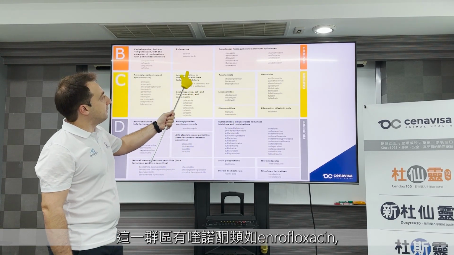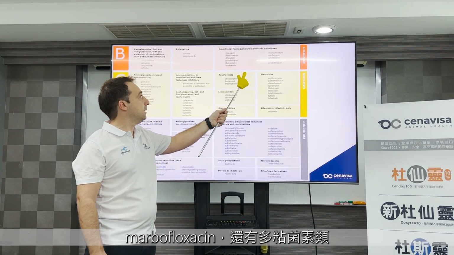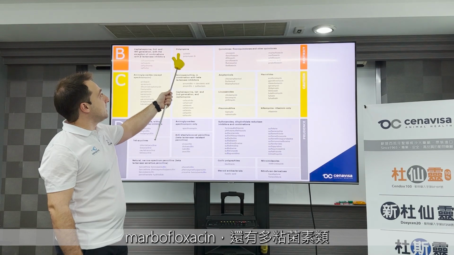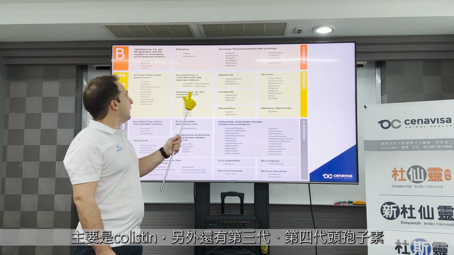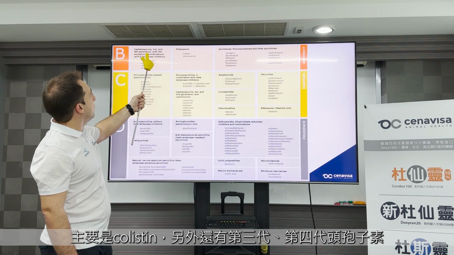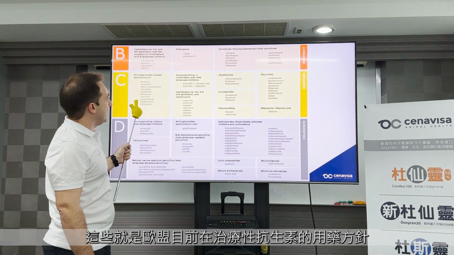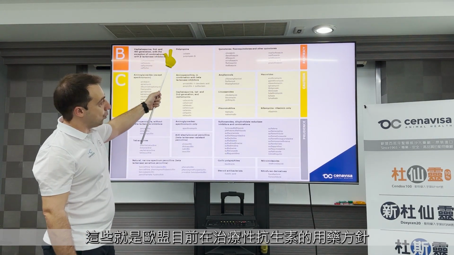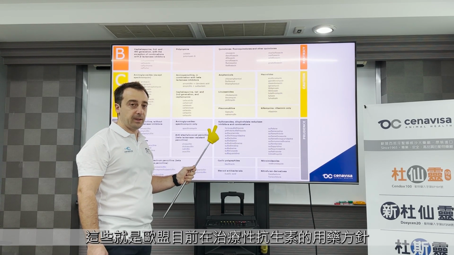In this group, you have the quinolones, enrofloxacin, marbofloxacin, the polymyxins, that is basically colistin, and the third and fourth generation of cephalosporins. Okay, this is basically how we have to work in Europe for the prescription of antibiotics.